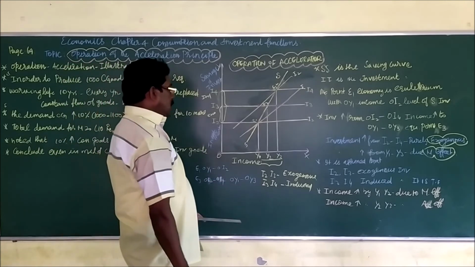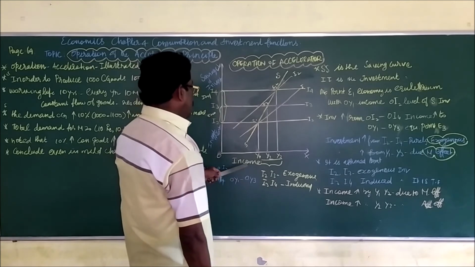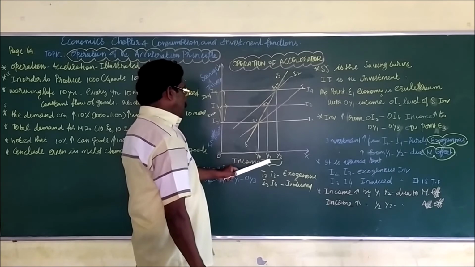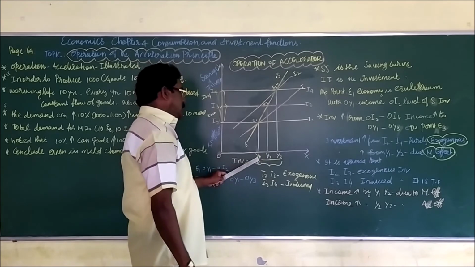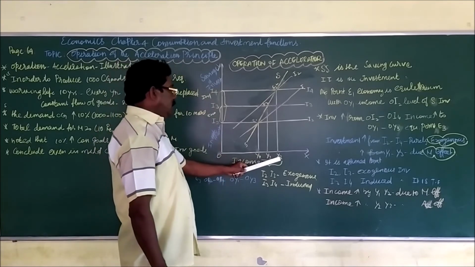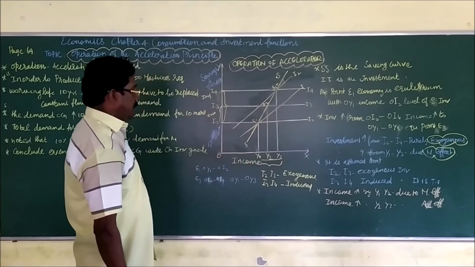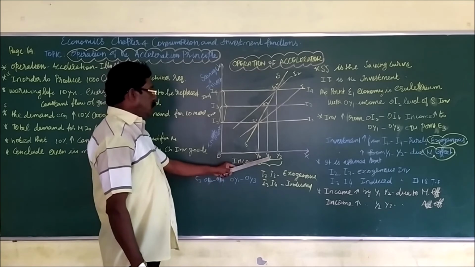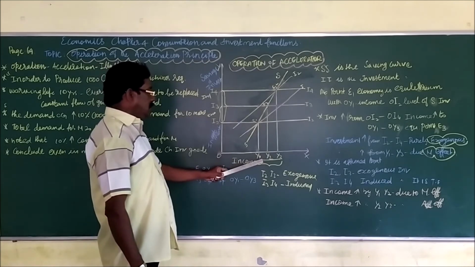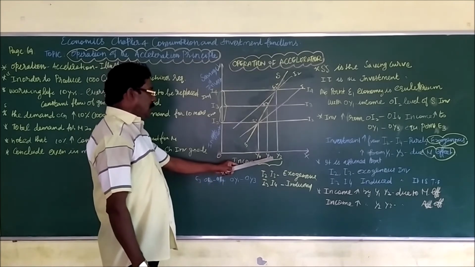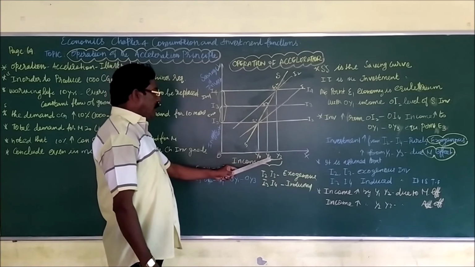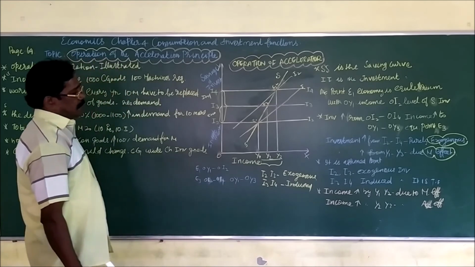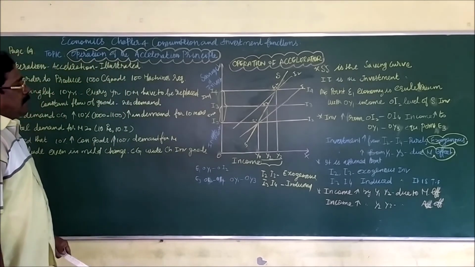Similarly, for the income effect, income Y1 to Y2 is known as the multiplier effect and Y2 to Y3 is known as the accelerated effect. Income increased from Y1 to Y2 is due to the multiplier effect. When the income is increased from Y2 level to Y3, it is called the accelerated effect. So you should understand very clearly.